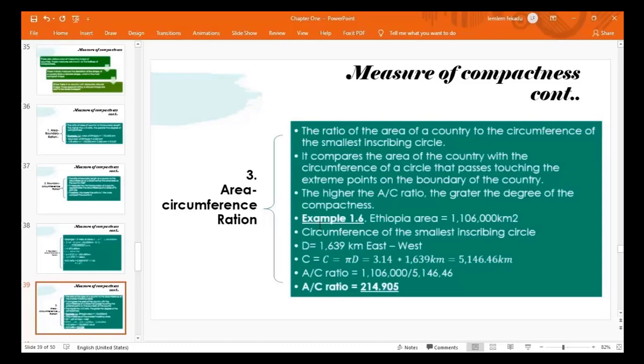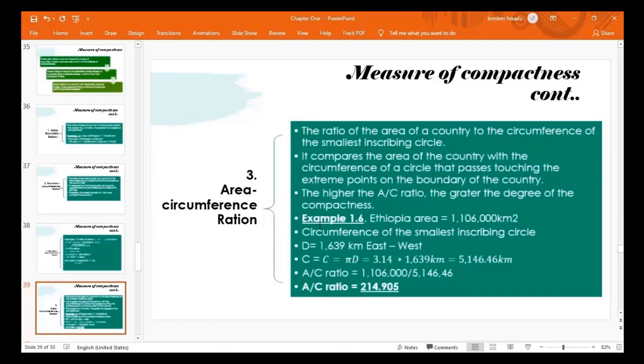It compares the area of the country with the circumference of a circle that passes touching the extreme points on the boundary of the country. Generally, the higher the area circumference ratio, the greater the degree of compactness.